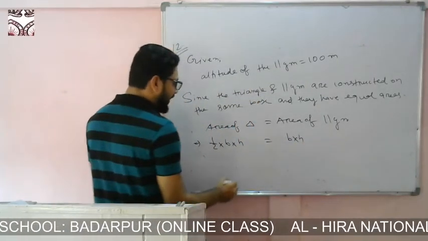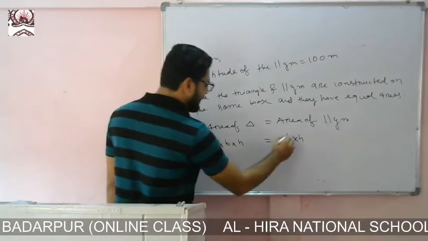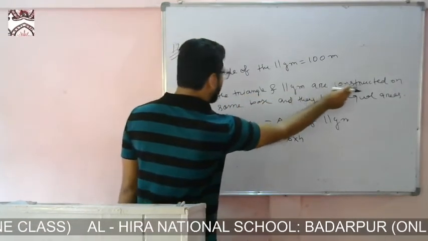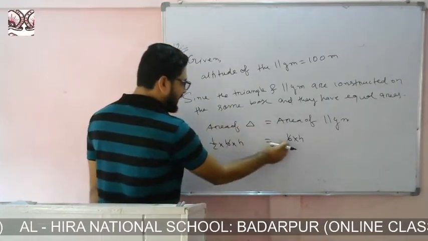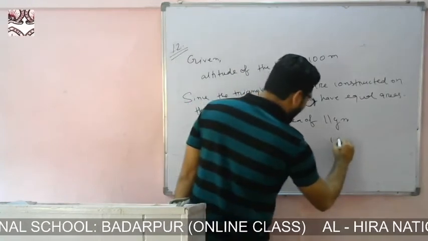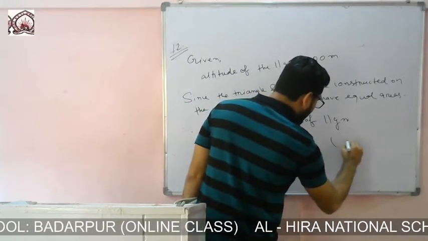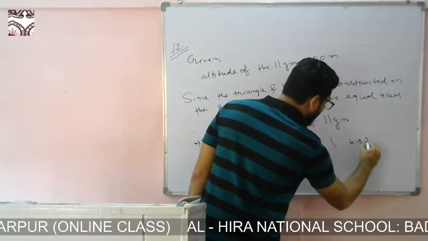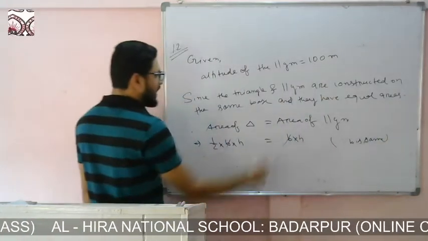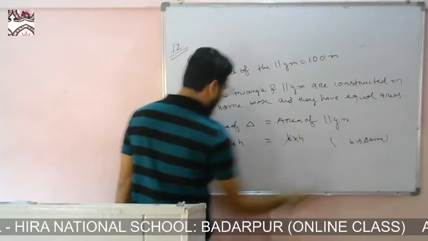From here we can cancel the base, because the triangle and the parallelogram are constructed on the same base, so I can cancel. Since b is same, you can write it here.